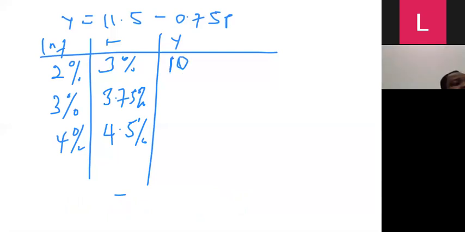When I have it as 3%, that will give me 9.25. And when it's equal to 4%, that will give me 8.5. Great. So when you look at the table that I have here, I have inflation, I have my real interest rate, and I have my output.